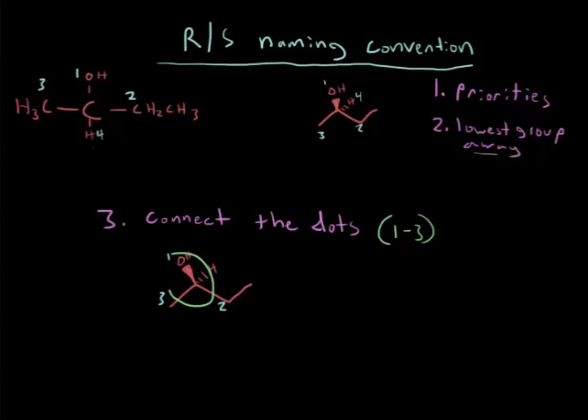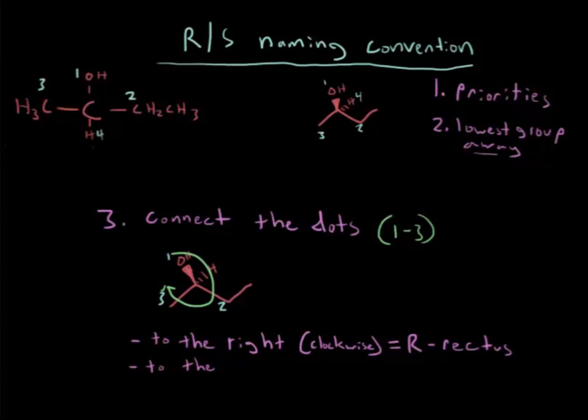So connect the dots 1 through 3. And we're going to look at the direction of this arrow. This circle we drew. If we drew it going to the right or clockwise, that's going to be R. We're going to name that R, which stands for rectus, which is Latin for right. And on the other hand, if we're going to the left or counterclockwise, it's going to be S, sinister, Latin for left.